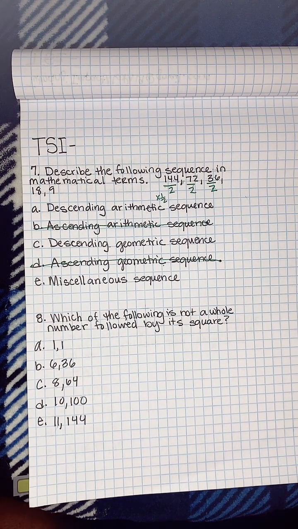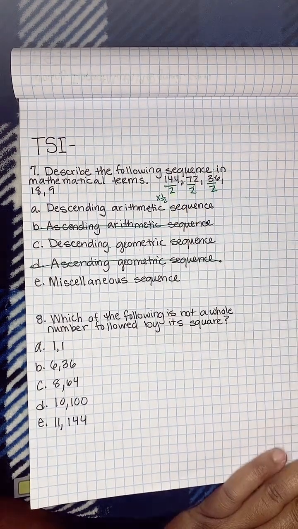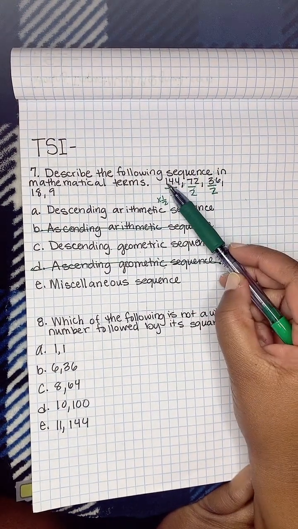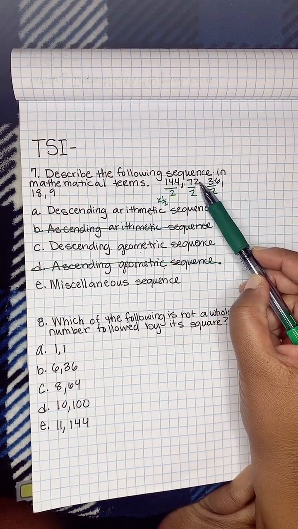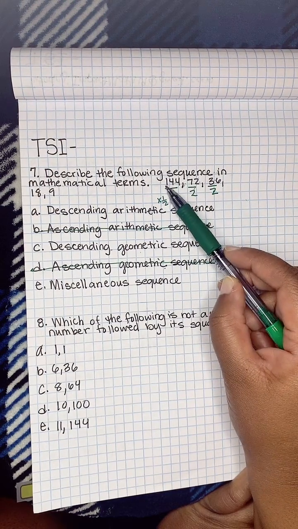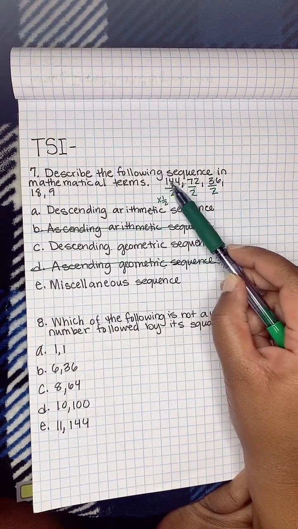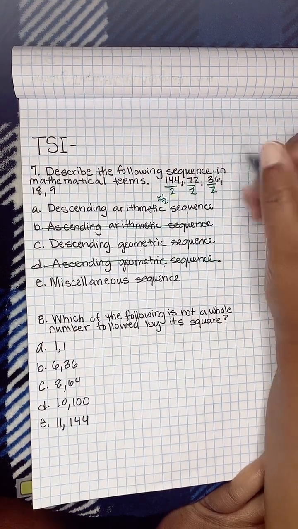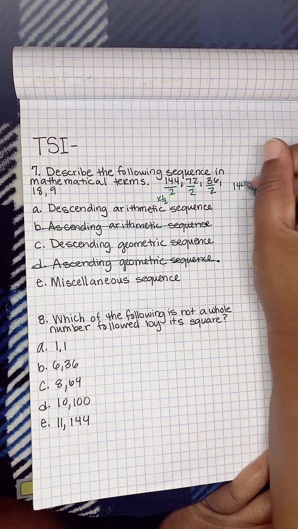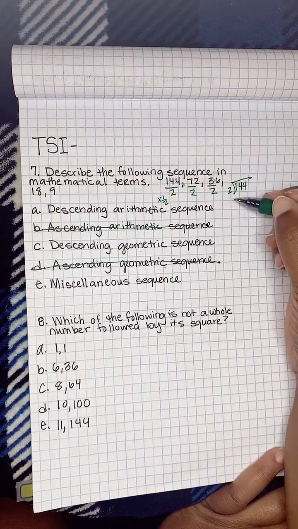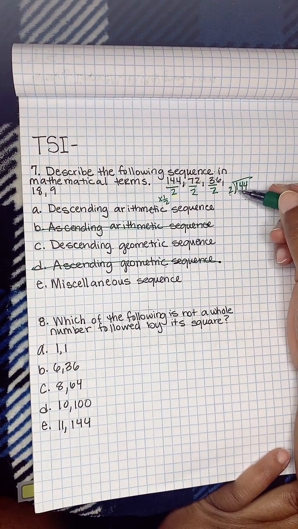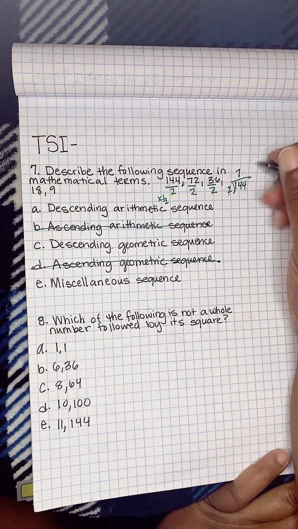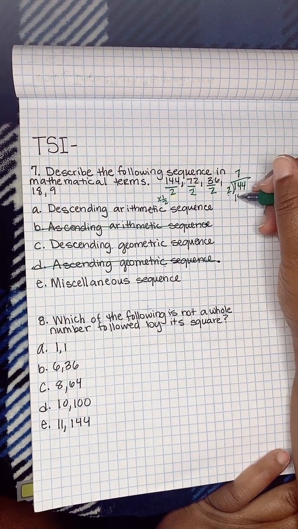All right, let's talk about this vocab, because that's a huge thing. Somebody said, where did the 2 come from? So we're looking at how did we get the 144 to 72? Well, if we divide 144 by 2, 2 goes into 14 7 times, so 7 times 2 is 14.